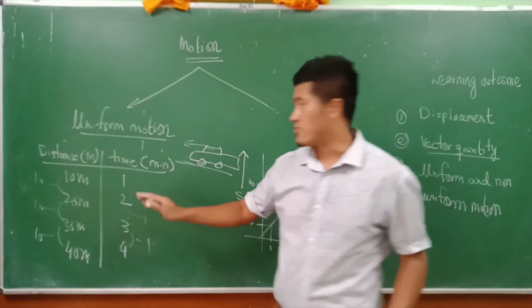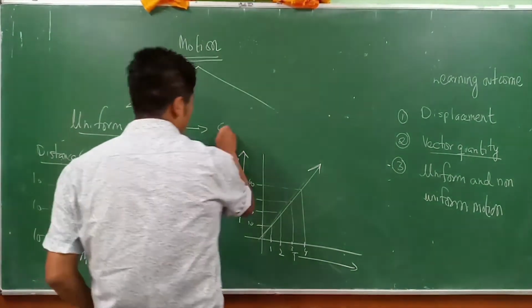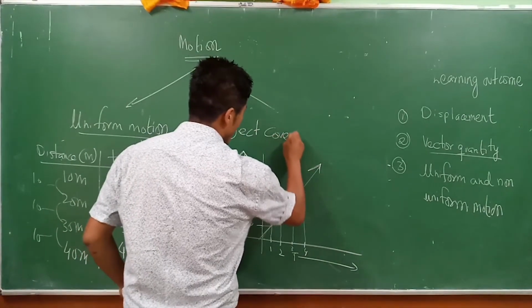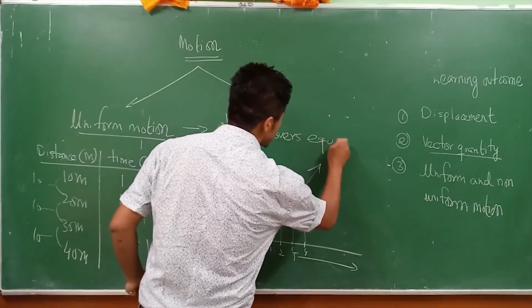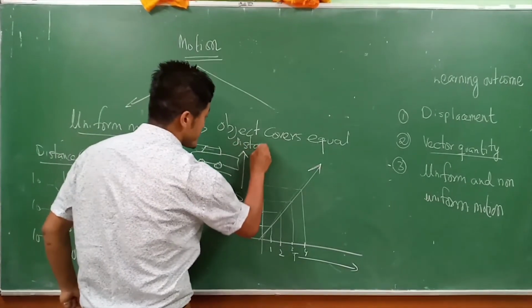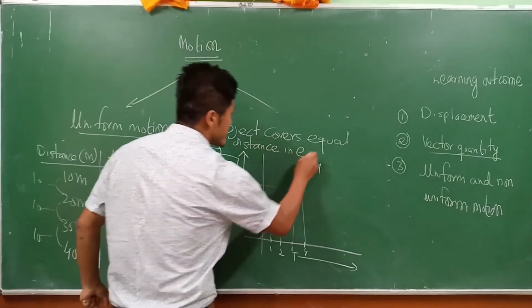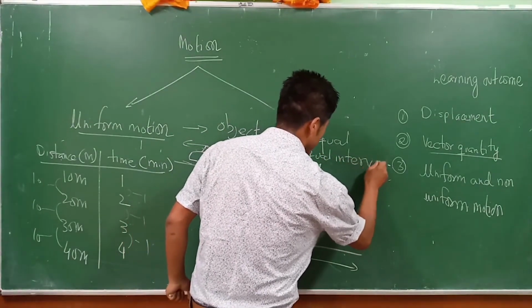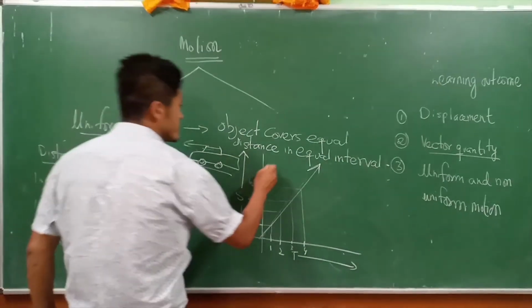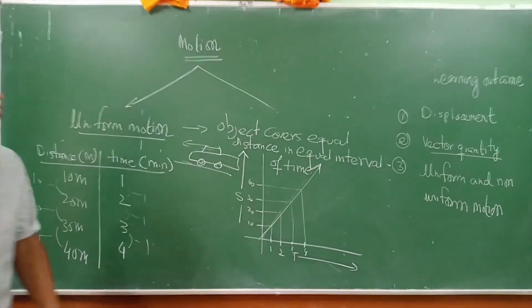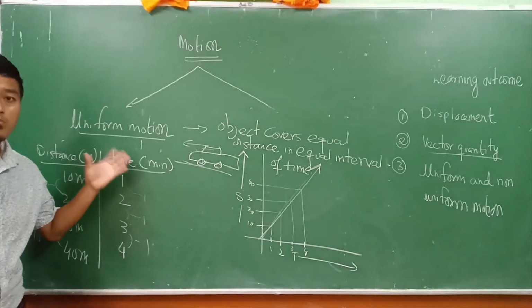When an object covers equal distance in equal intervals of time, this kind of motion is referred to as uniform motion.